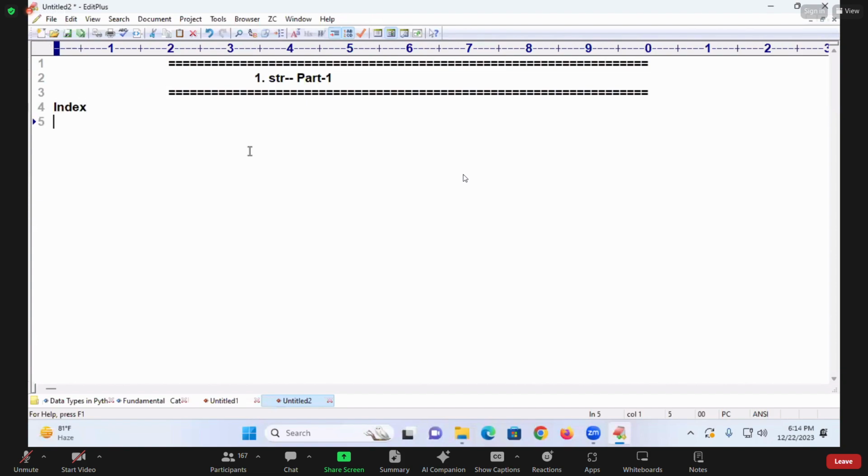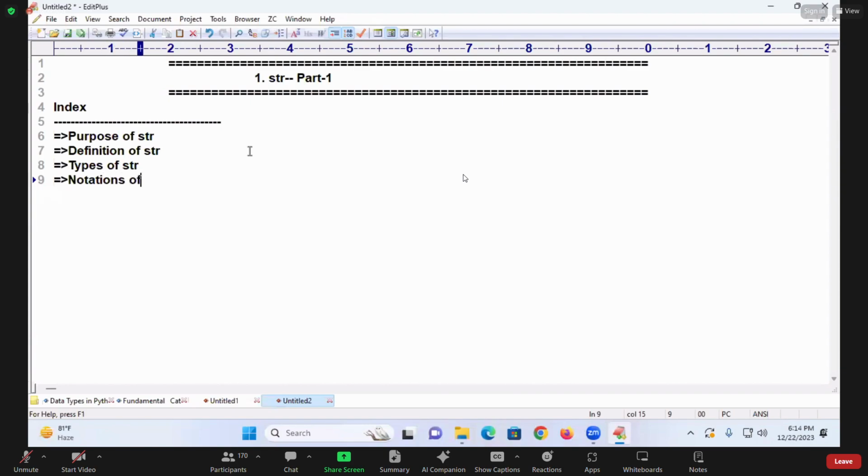Index. Yesterday I said it. There I am going to talk about the purpose of str, the definition of str, types of str, and notations of str.